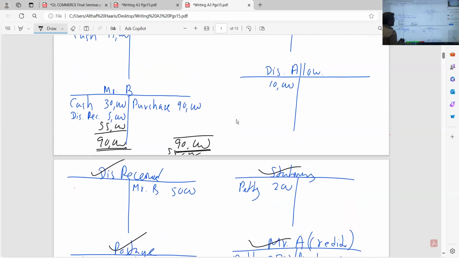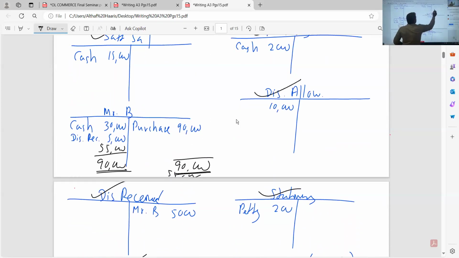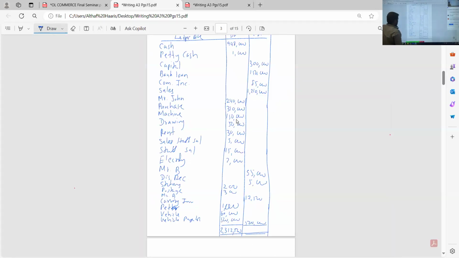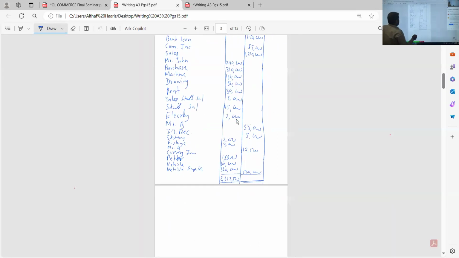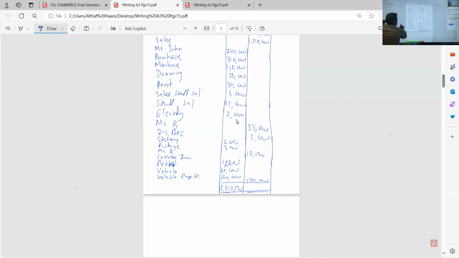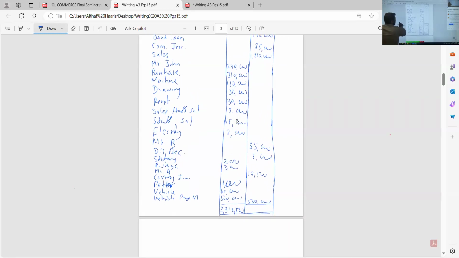Discount given, yes, it is not ticked. That's the missing part, so let's add it somewhere, maybe over here. Discount allowed 10,000, expense.